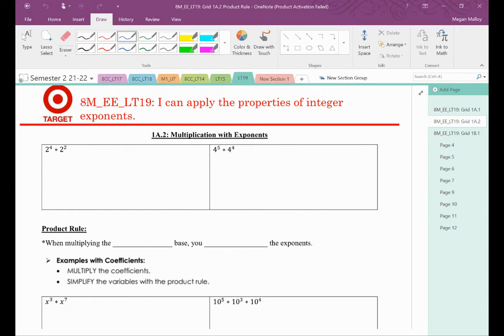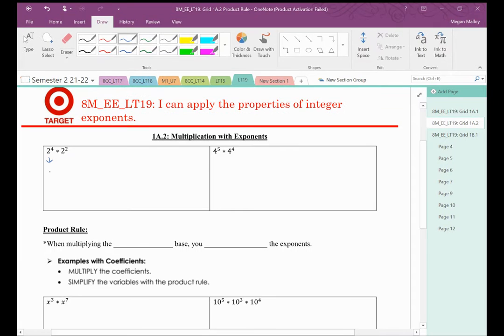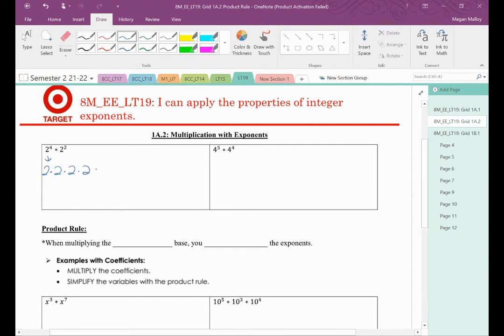So if we look at our first example here, we have 2 to the fourth times 2 to the second. So 2 to the fourth indicates that we have 2 times itself 4 times. And then we are multiplying that by another set of 2, another base 2, multiplied by itself twice.